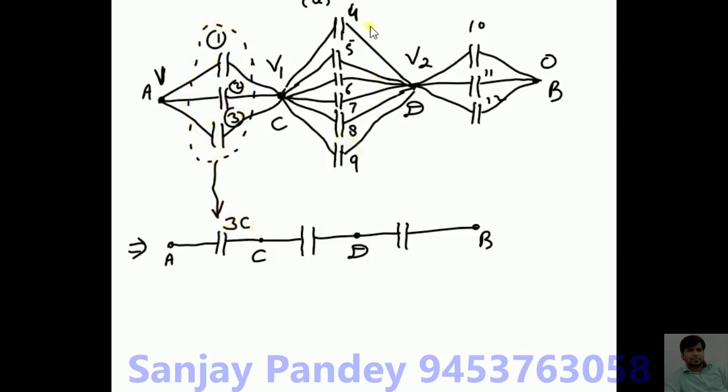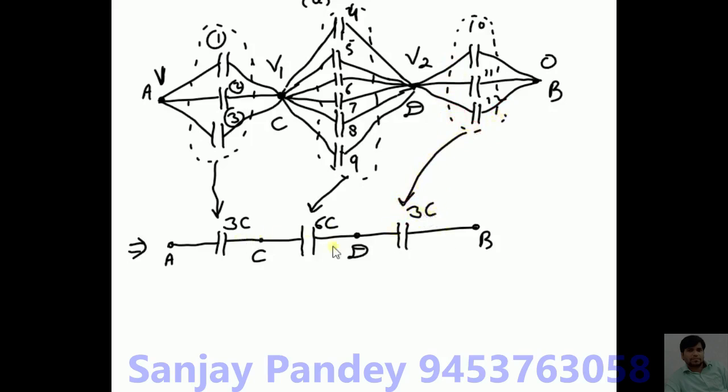These 6 capacitors are also in parallel, so their resultant is 6C, and the resultant of the capacitors between D and B is also 3C.